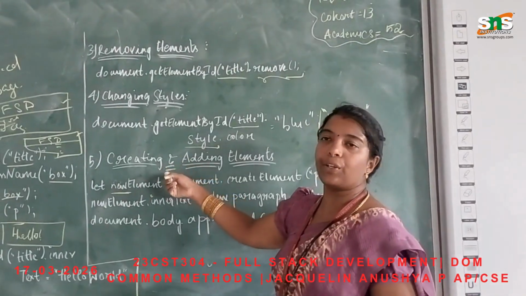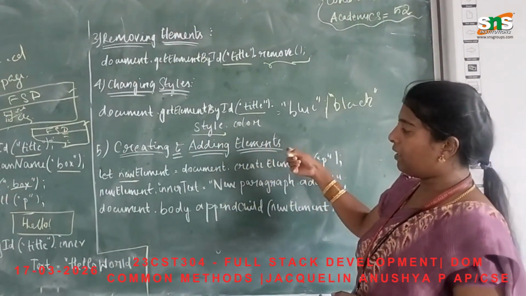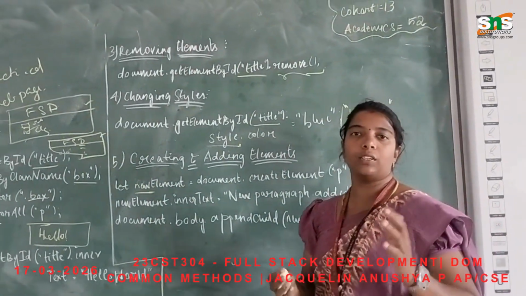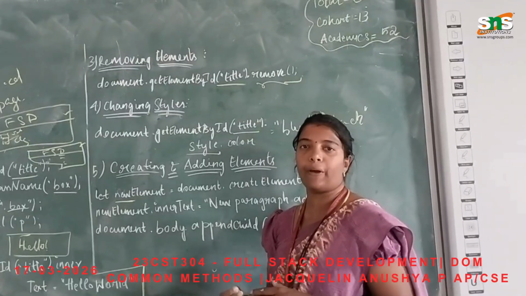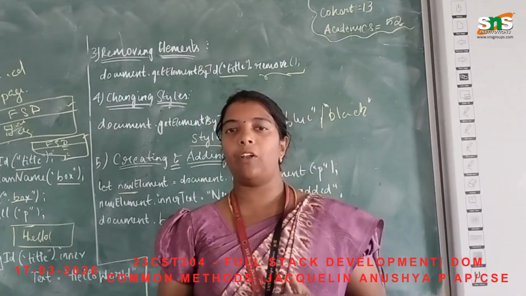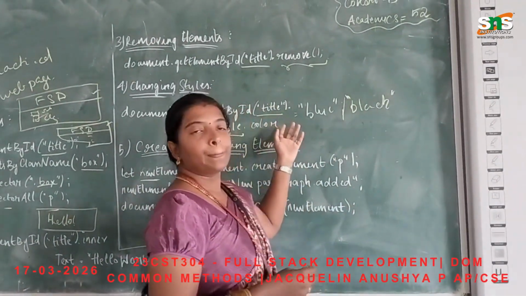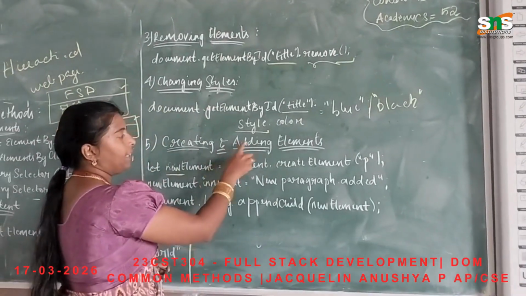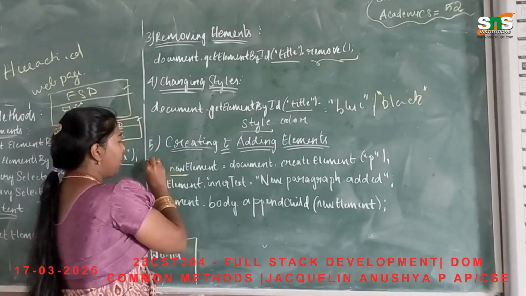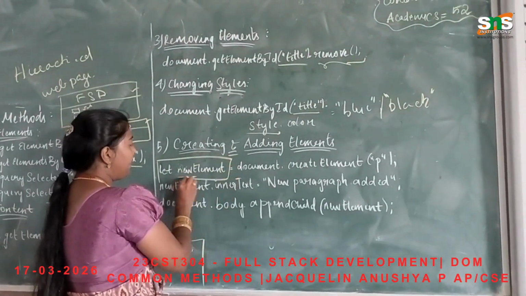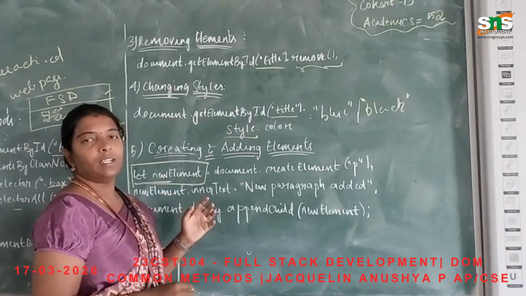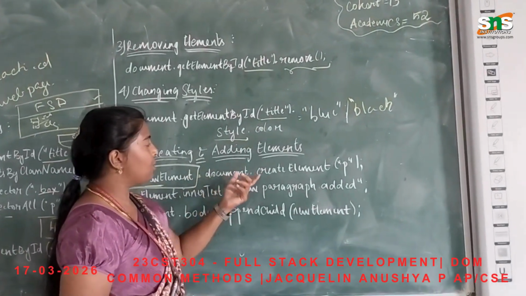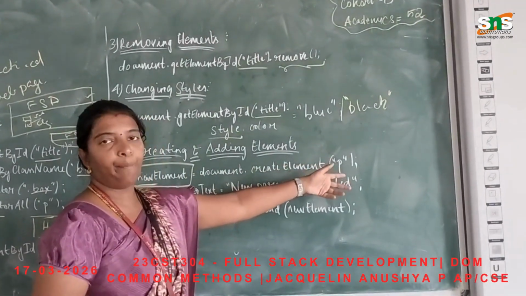Next is creating or adding a new element. So far we have seen the title, the paragraph, the remove dialog box, and the changing of color styles. When creating and adding new elements, I will give the syntax as let new element equals document.createElement paragraph.